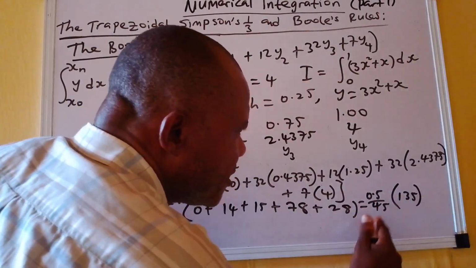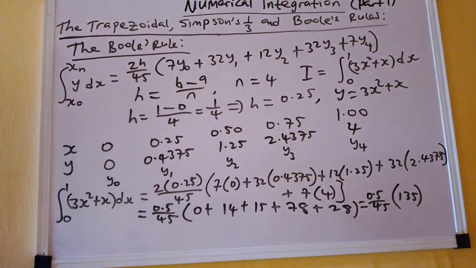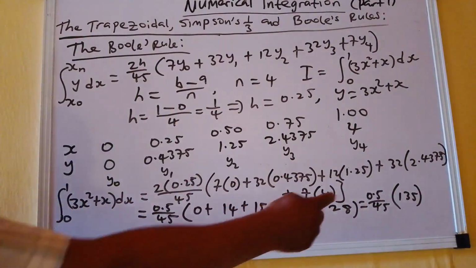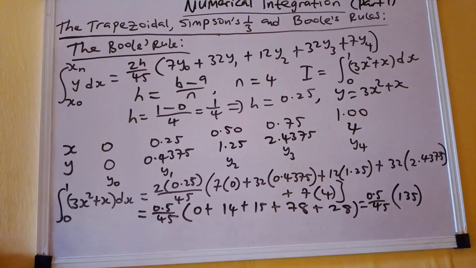Now, do you know why I left it at 0.5 over 45? If I have that value, I'm going to have a very long decimal. Again, I will commit inherent error. So that's why I reserved it: 2 multiplying 0.25 will give me 0.5. If I divide 0.5 by 45, I will have a very long decimal, a non-terminating decimal.